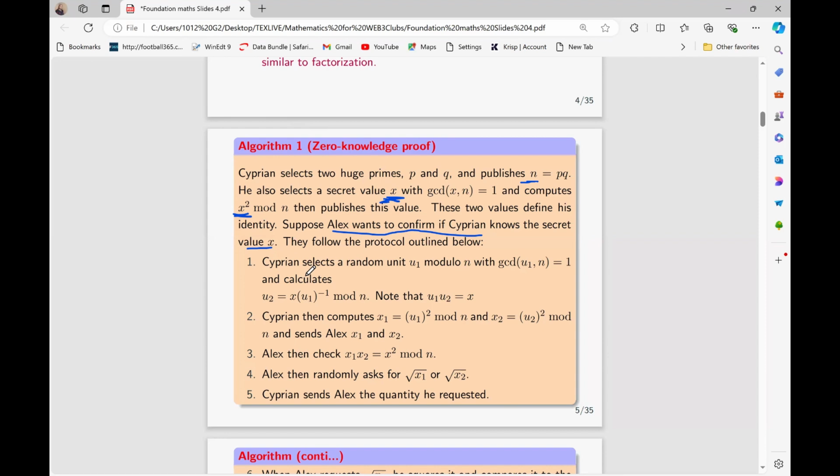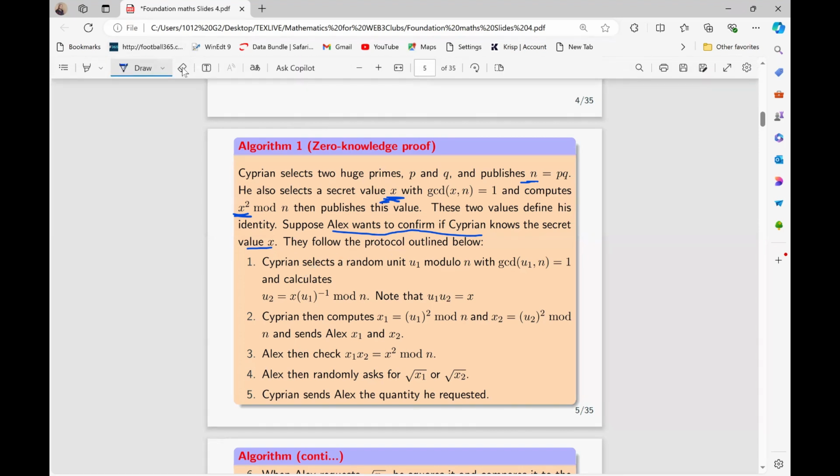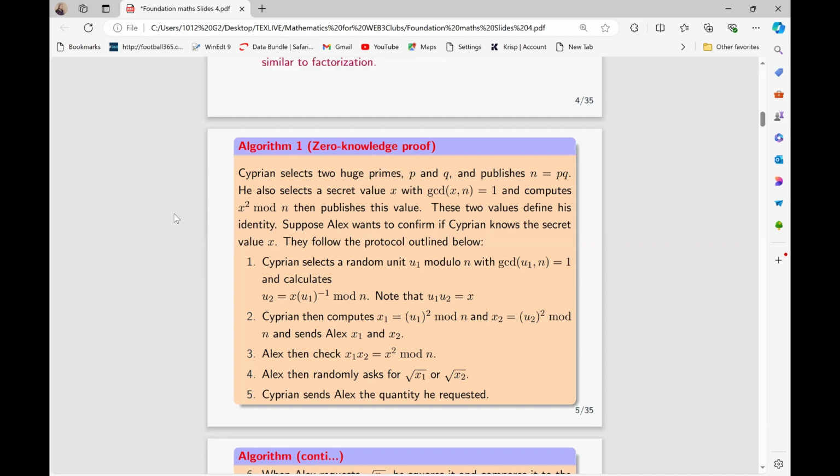The first step that Cyprian does: he wants to show that he knows what x is, but doesn't want Alex to know what x is. Remember, x squared has been published, and n has been published. So for Cyprian to prove that he knows x, the first thing he does is choose another number mod n, and that number must be relatively prime to n.